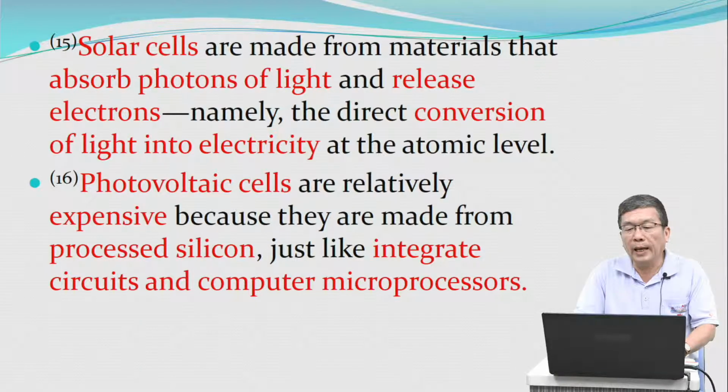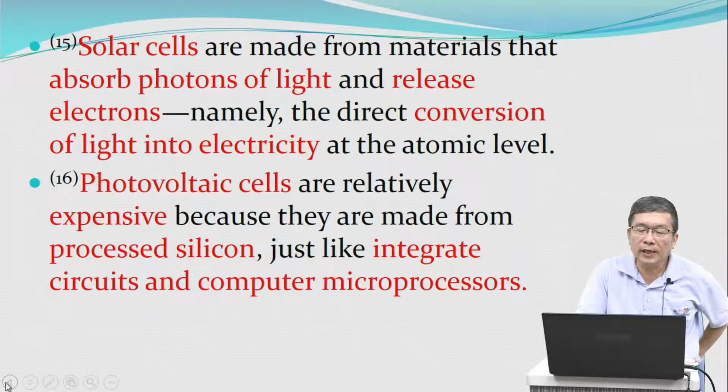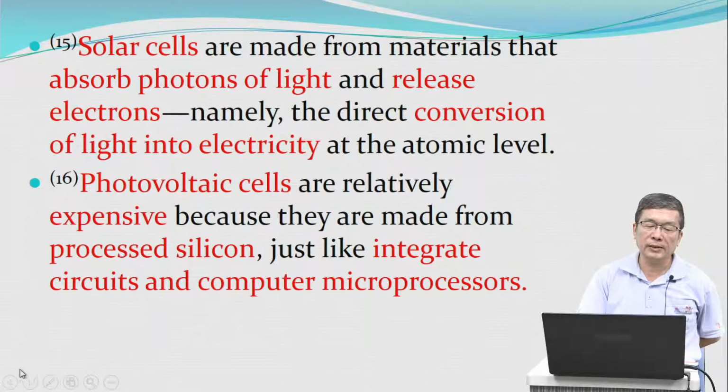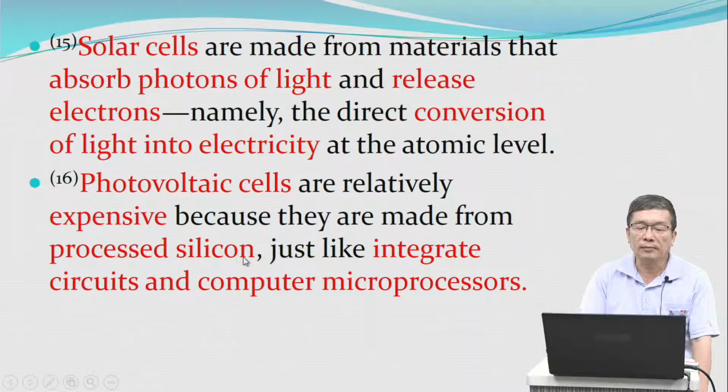At the atomic level, photovoltaic cells are relatively expensive because they are made from processed silicon, just like integrated circuits and the computer microprocessor.